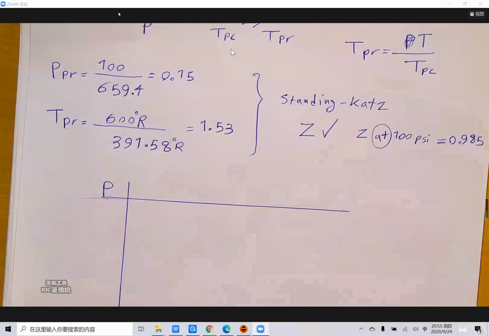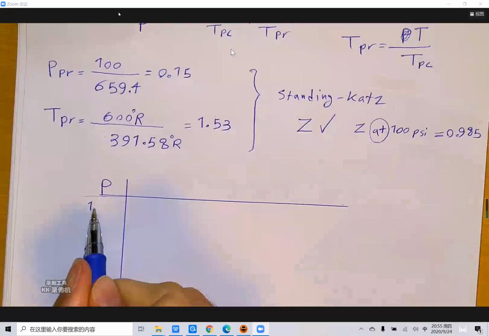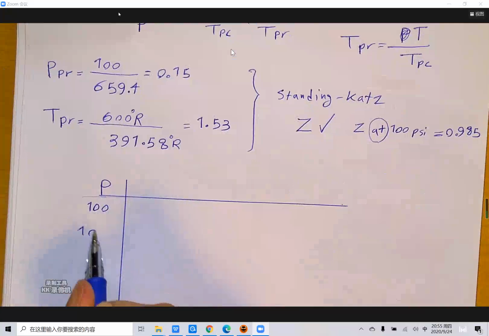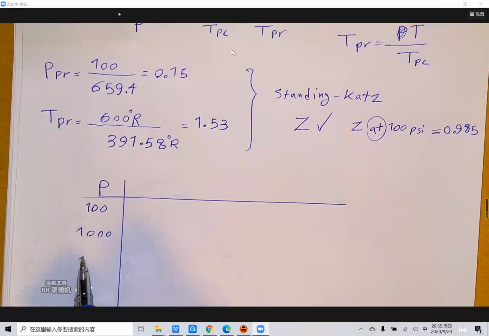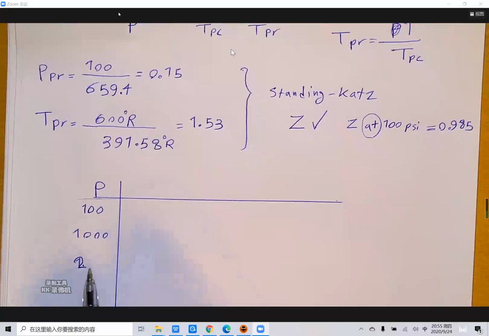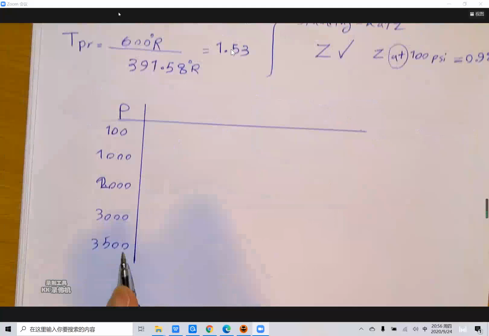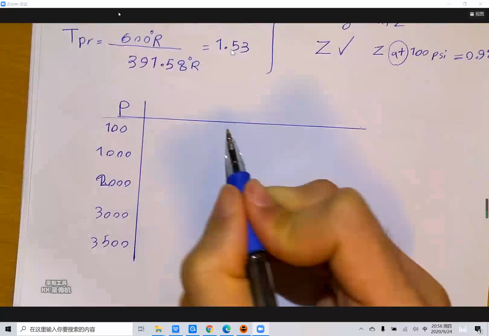So, the question gave us the 5 pressure points here. Make a table to make it easily.